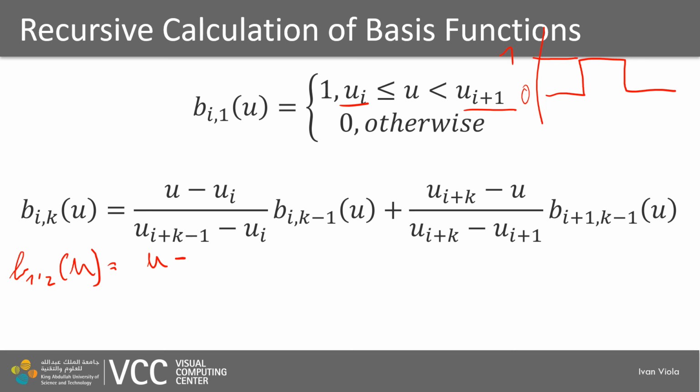This will be u minus u_i, where i is in this case 1, so u_i will be 1, divided by u_(i+k) minus u_i: 1 plus 2 is 3, minus 1 is 2, 2 minus u_1, 2 minus 1 is 1.